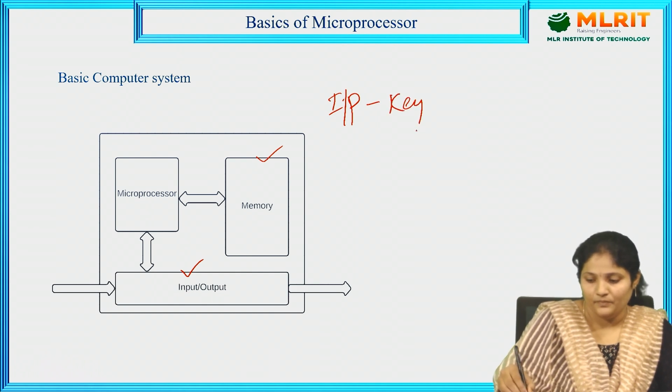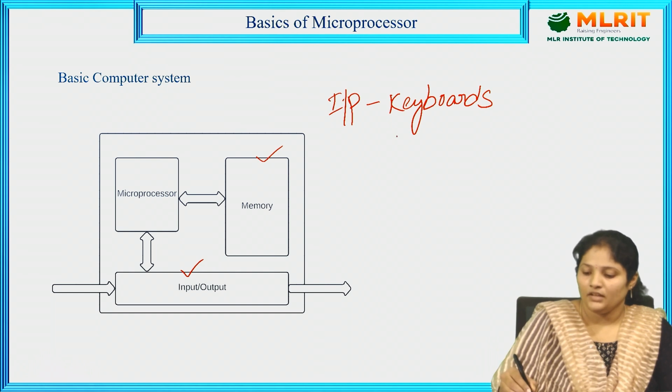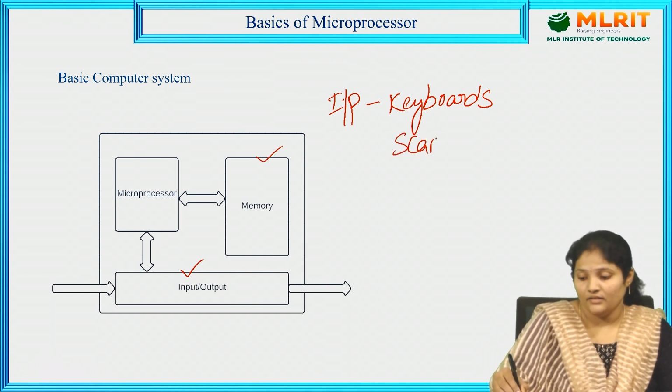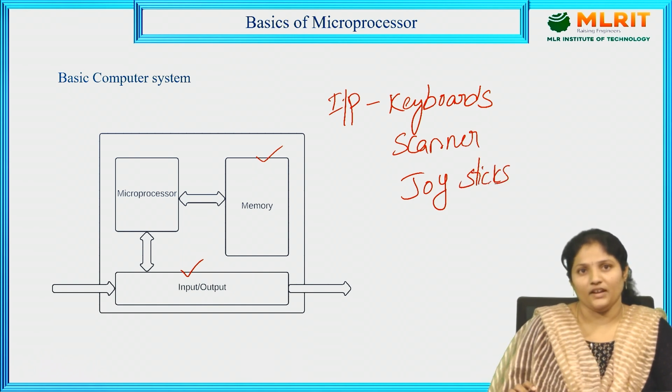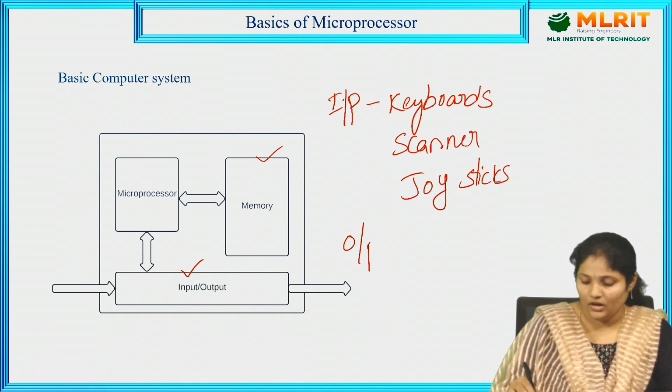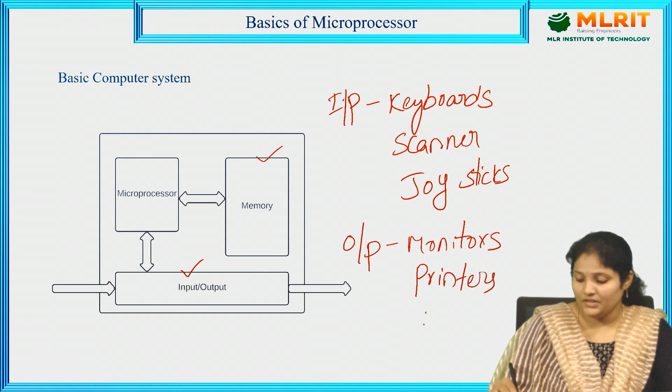Keyboards, scanners, joysticks to play. All these come under input devices. And what are the output devices? Monitors, printers, pages, all these come under output devices.